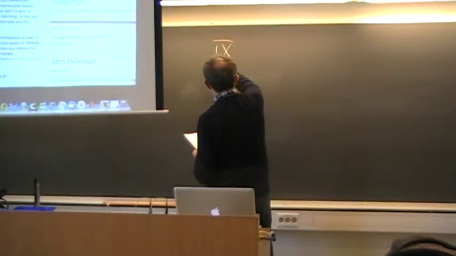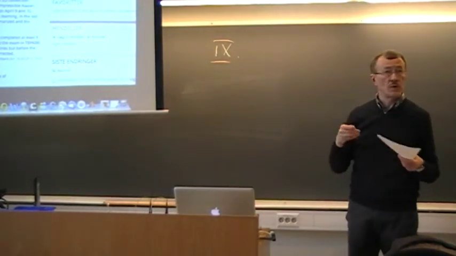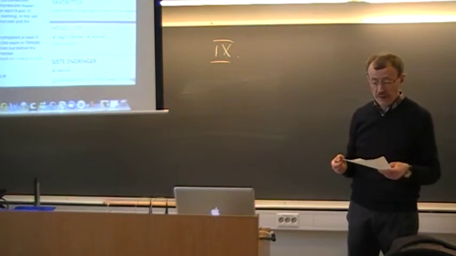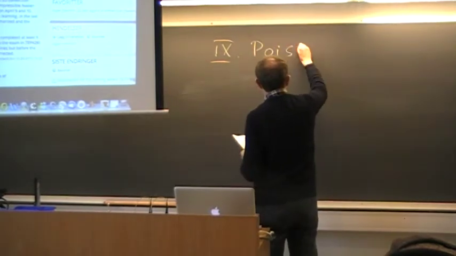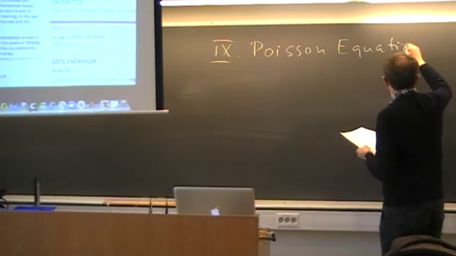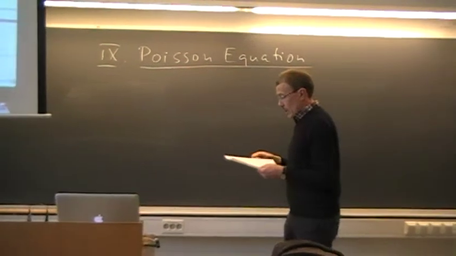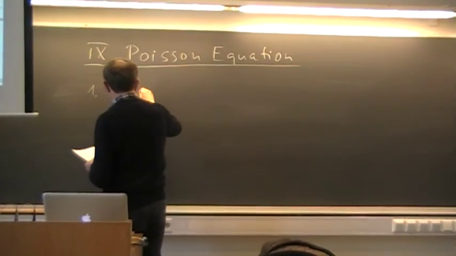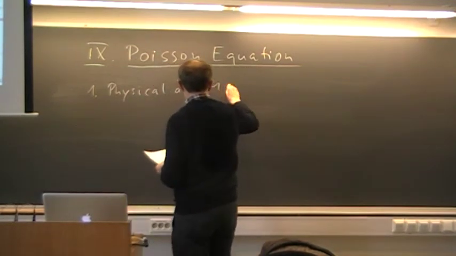First we want to see what the Poisson equation is, what its physical origin is, and its mathematical classification. So we start with that as usual, with the physical and mathematical classification.